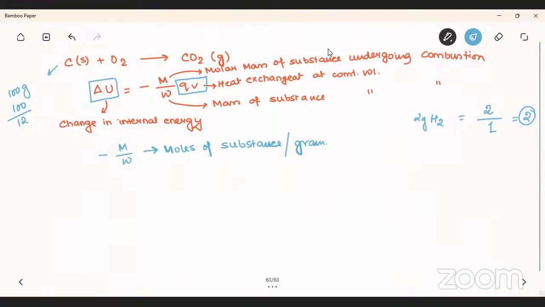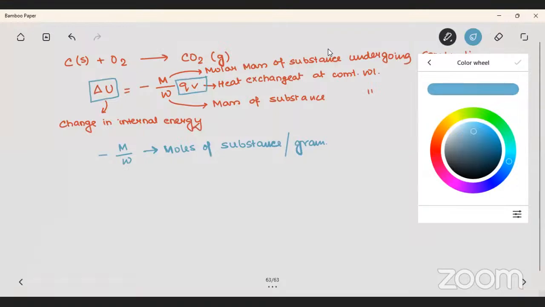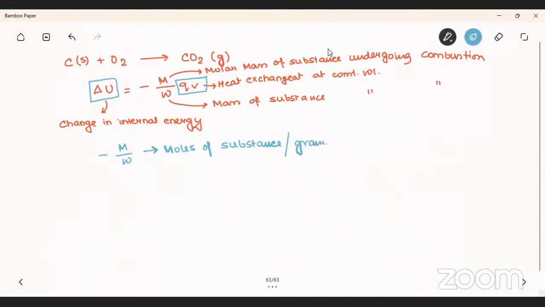So 100 by 12 is M by W. Whatever mass is given in the question divided by its molar mass becomes your number of moles. Is the mole concept clear to everyone? Though you have learned about the mole concept in the first chapter, is it clear now? Yes or no?